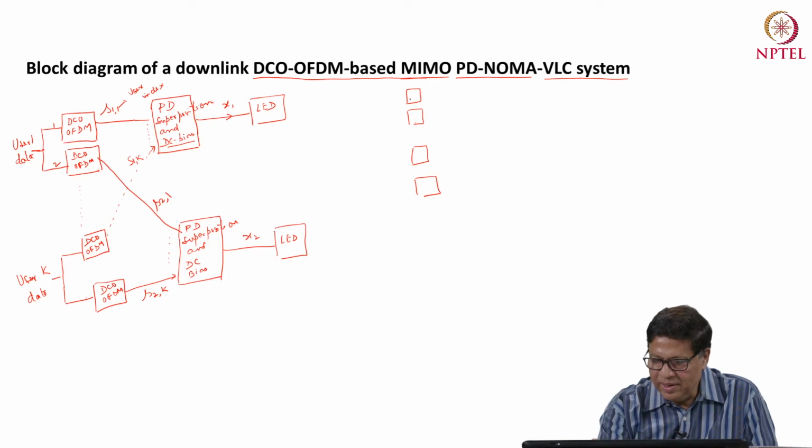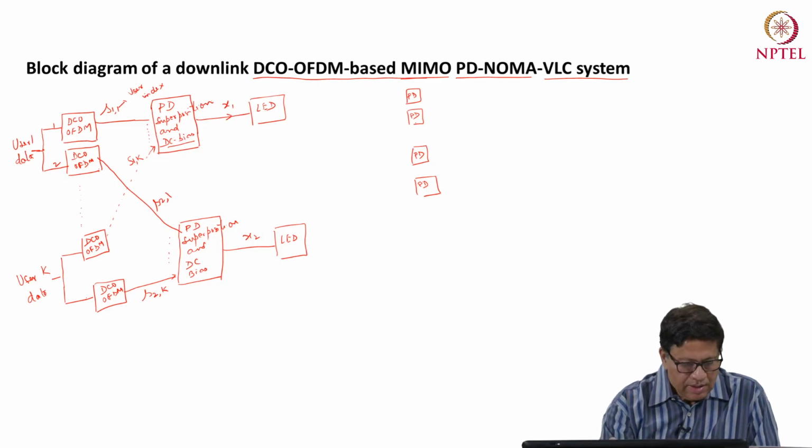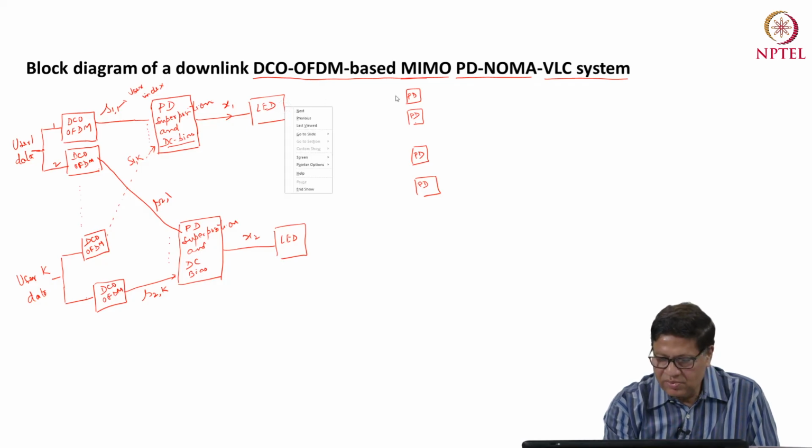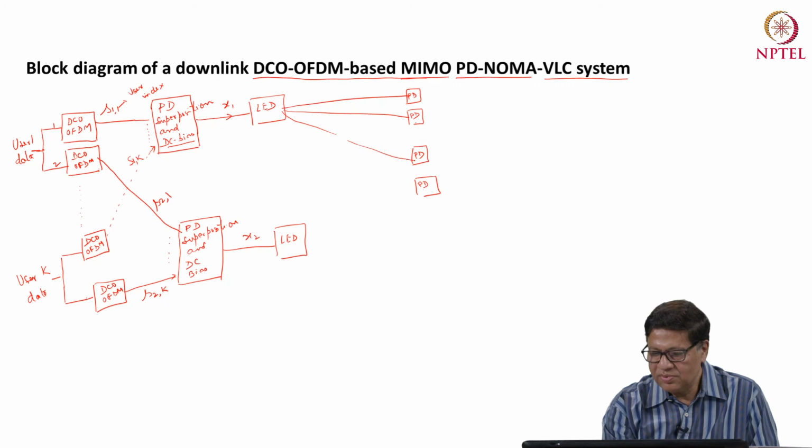So these are the PDs, photo detectors. This LED output will go to this photo detector, this photo detector, and similarly here.